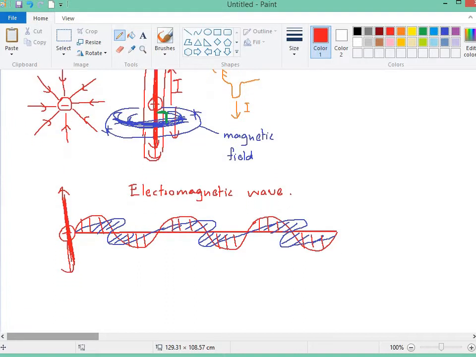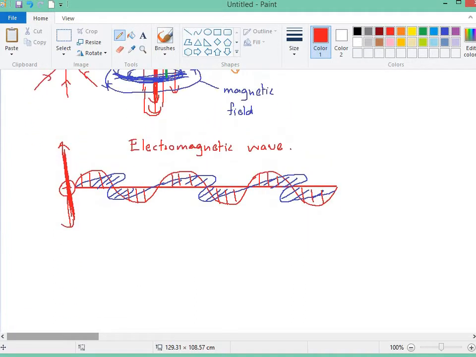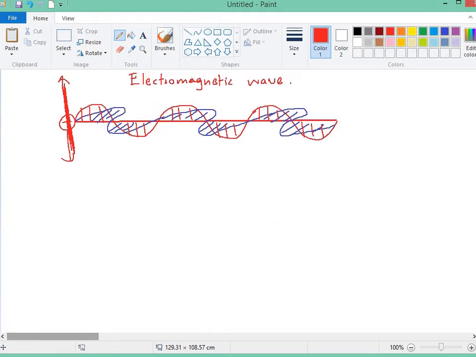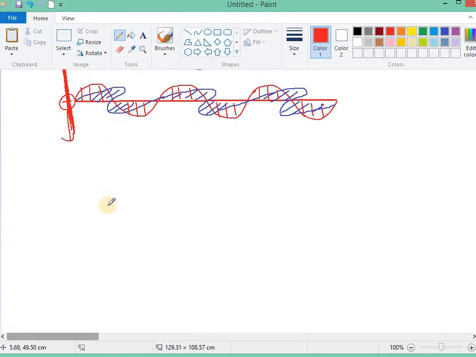Now we look at any object. Everything is made from atom. So that means inside the atom you will have electron, you have proton.